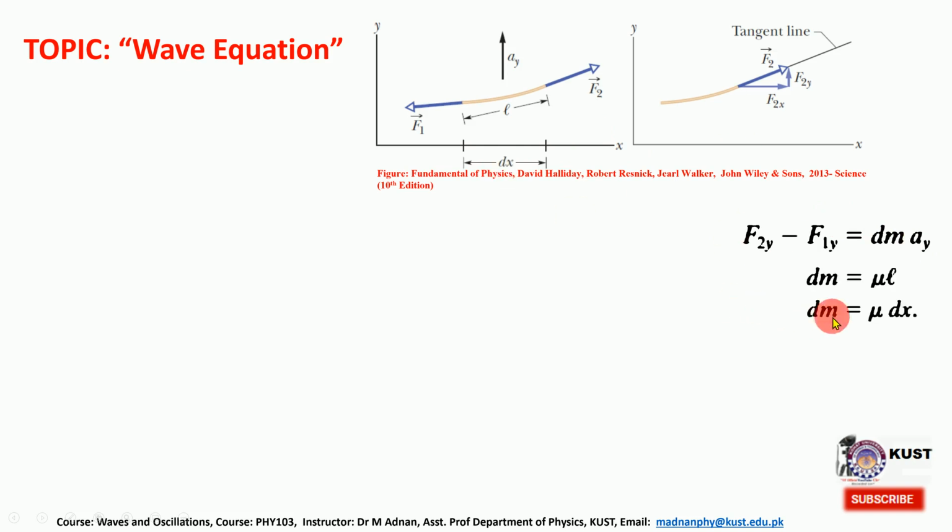As we have discussed, this dm can be expressed as mu times dx and the acceleration can be expressed as d squared y over dt squared.